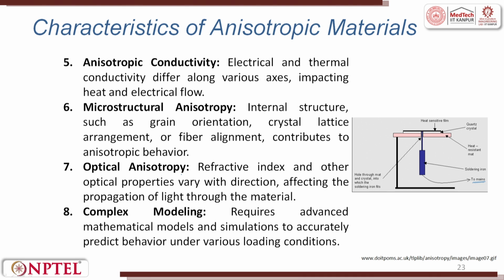You have properties where the material responds to light in a different way. Refractive index and other optical properties vary with direction, affecting the propagation of light. Complex modeling requires advanced mathematical modeling and simulation to accurately predict behavior under various loading conditions.